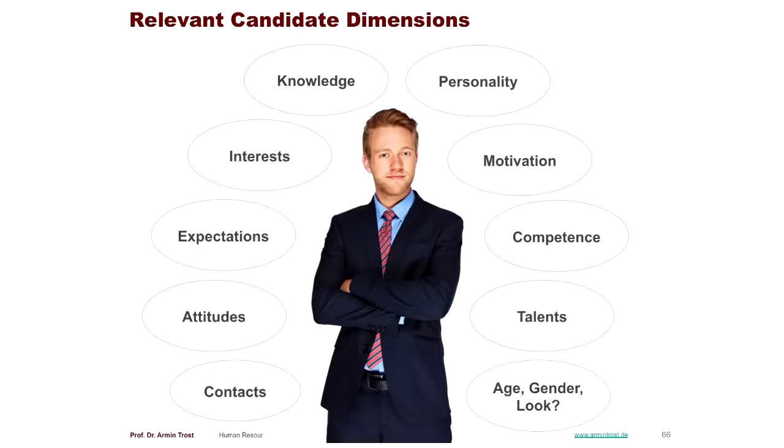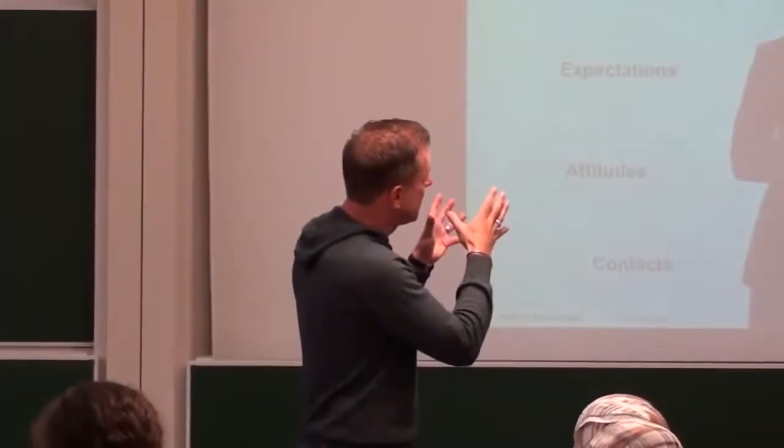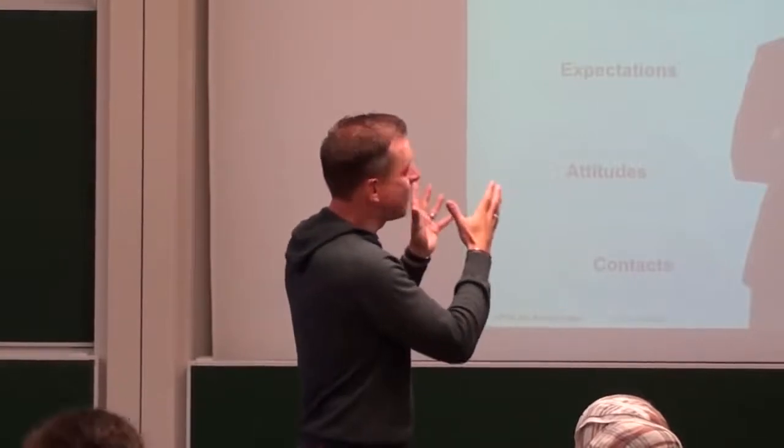Employees have certain attitudes. They bring in some contexts, relations to other social networks, and they have certain age, gender, and look. So there are multiple facets around one single applicant.